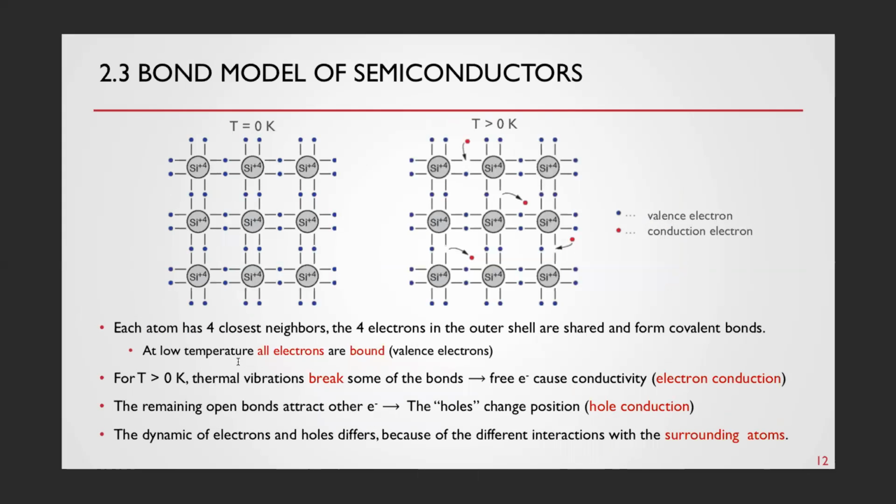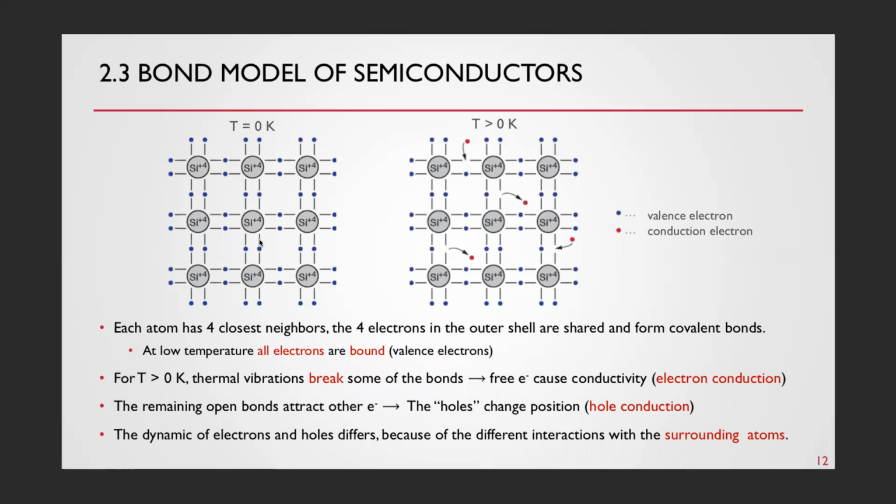We will only deal with indirect semiconductors. We look at silicon here. Silicon at temperature 0 has 4 closest neighbors, and the 4 electrons in the outer shell are shared and form covalent bonds with the neighbors.